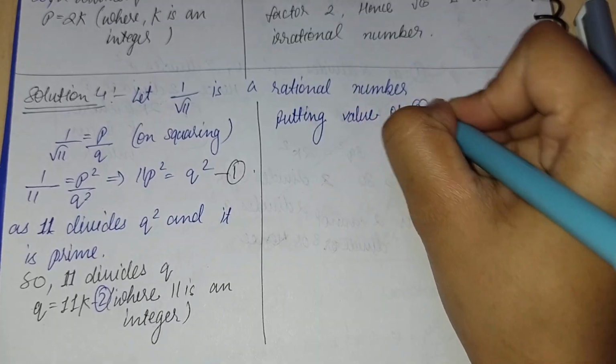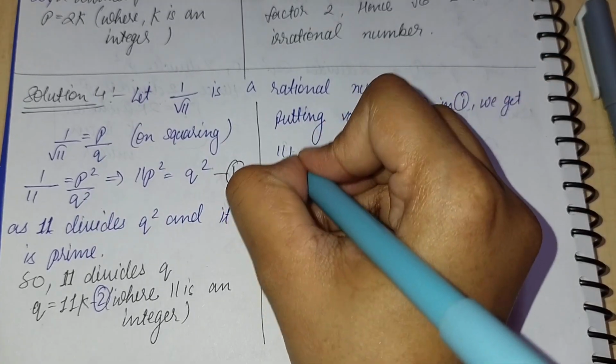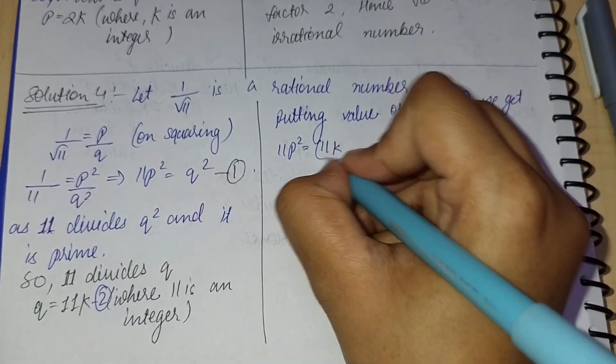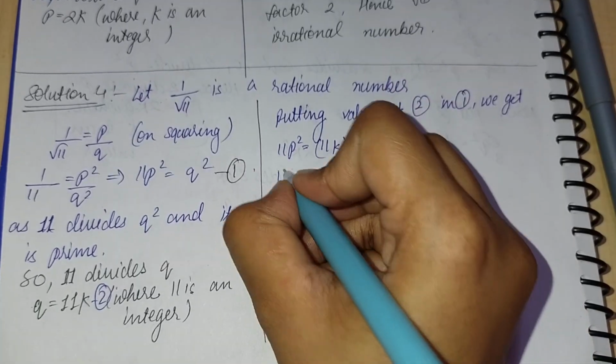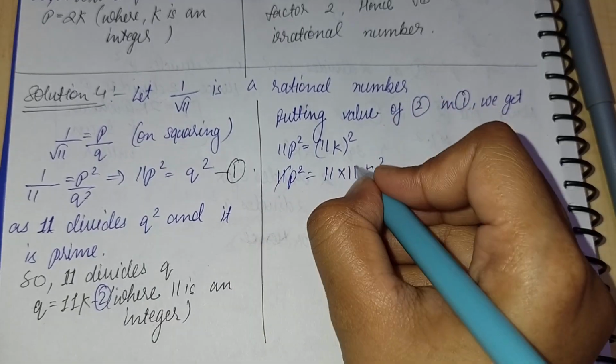So writing q is equal to 11k, this forms the second equation. Putting the second equation in the first equation, we will get 11p square is equal to 11k whole square.